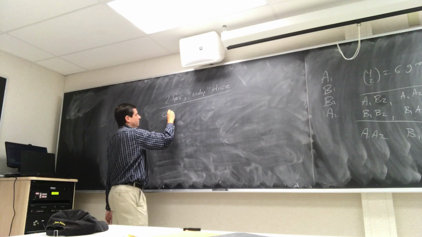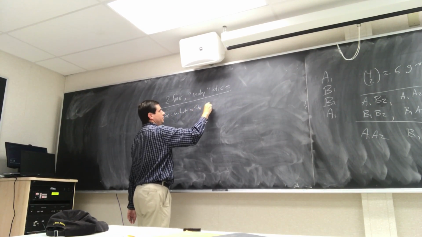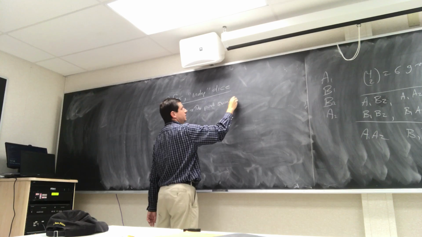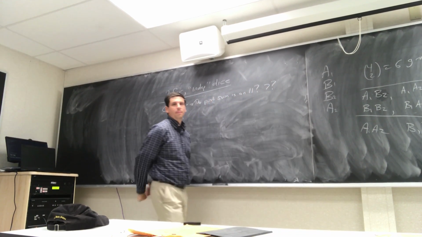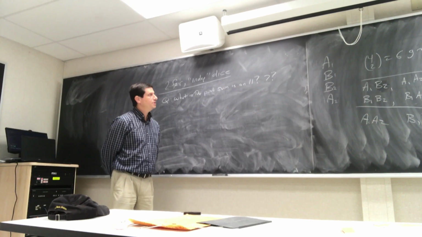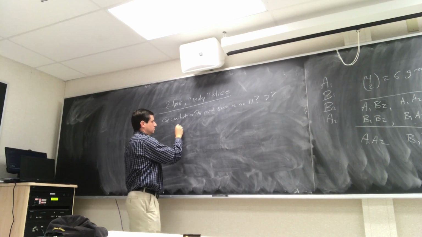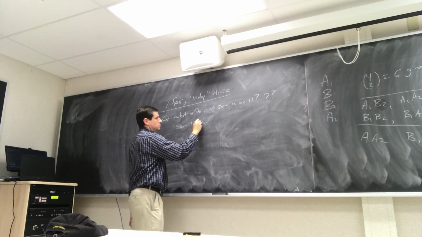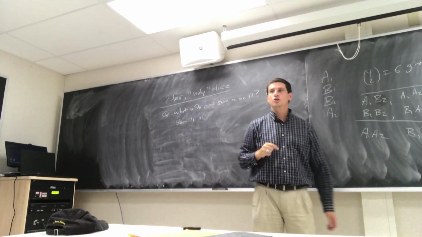So the question: what is the probability the sum is an 11 or a 7? So what's the probability I roll an 11? 2 over 36.